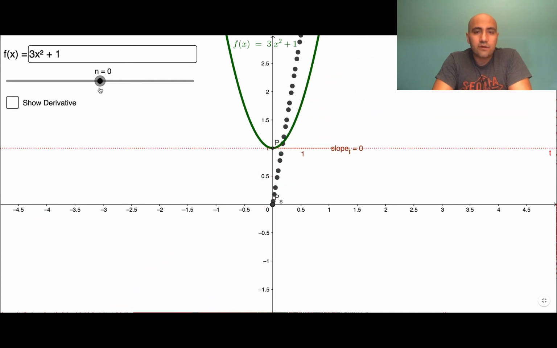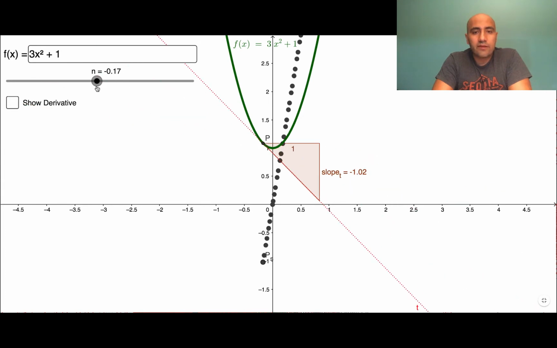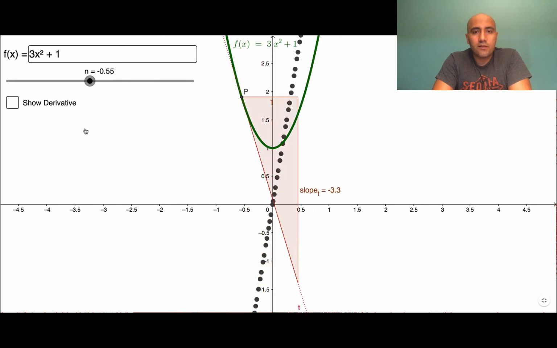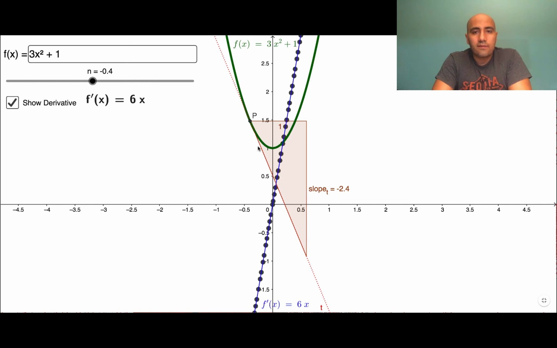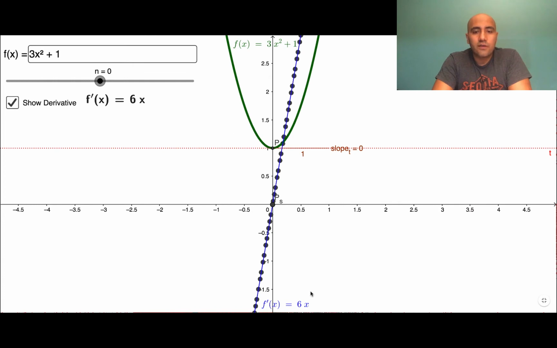Go back to 0, and then if I go in this direction, I get a small negative, bigger negative, bigger and bigger negative. So eventually, they look like this. That solid blue line is eventually the graph of my derivative function. And we can see here that it's equal to 6x. That's what we got.